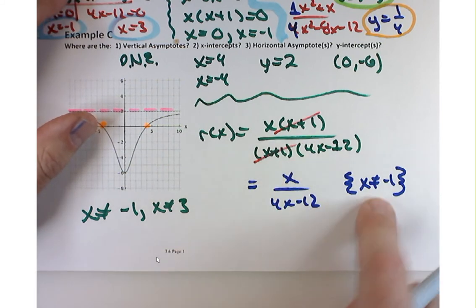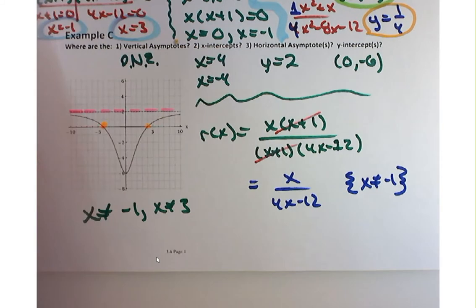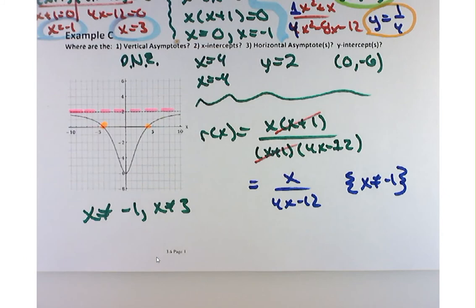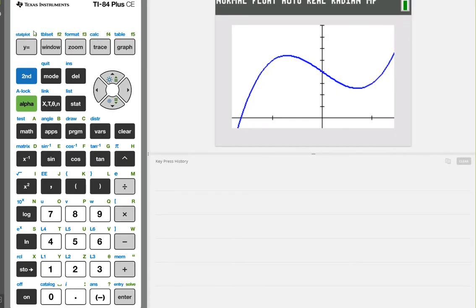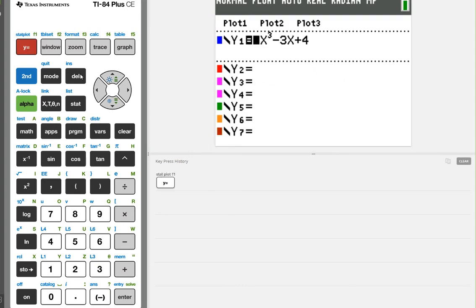Other than that one point, these two functions are equivalent. Now I'll show you what happens with this just for the sake of completeness. It's not something you have to worry about in terms of an exam. But that function is just not defined at that point.